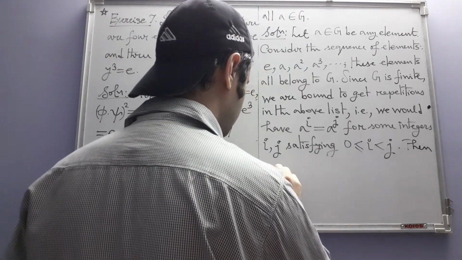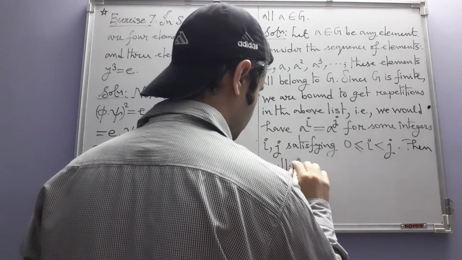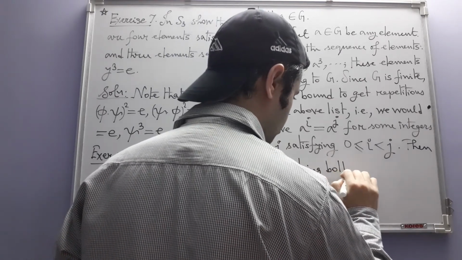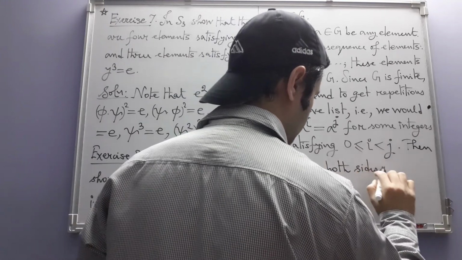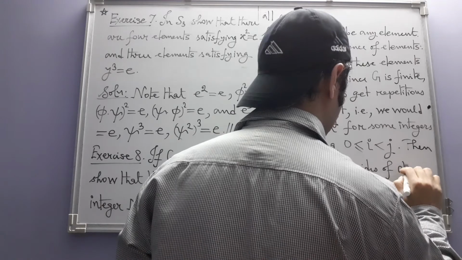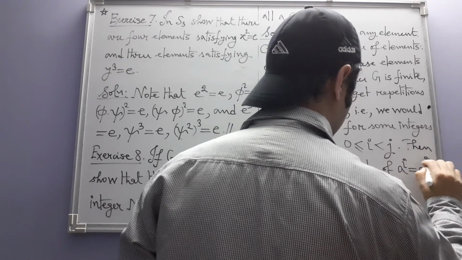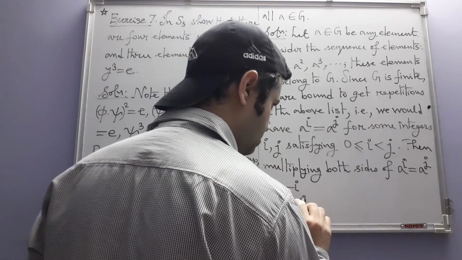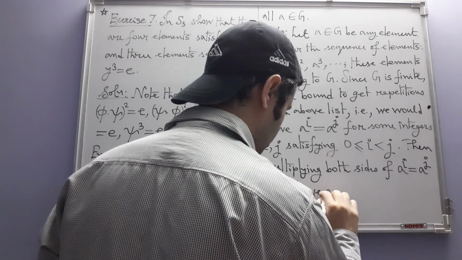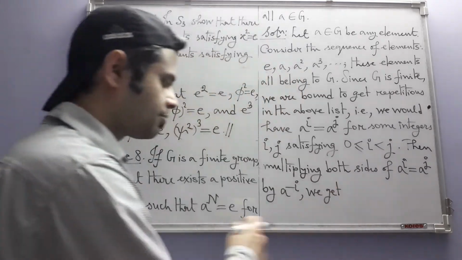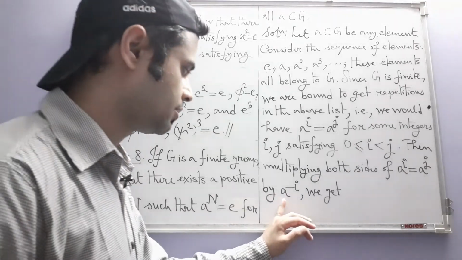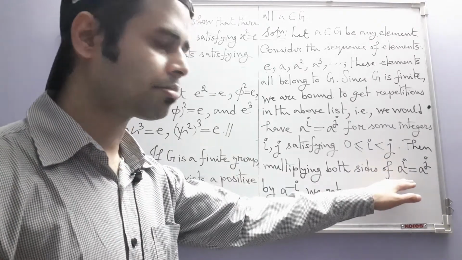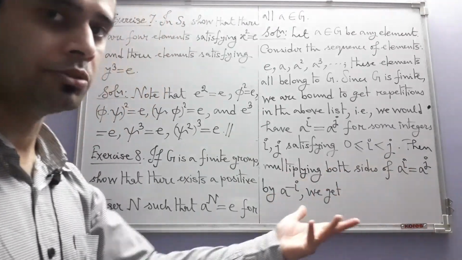Then, multiplying both sides of this equation by a to the power minus i, you can do that either from the left or from the right, it does not matter, because we have already seen from the first rule of exponents that integral powers of a single element commute.